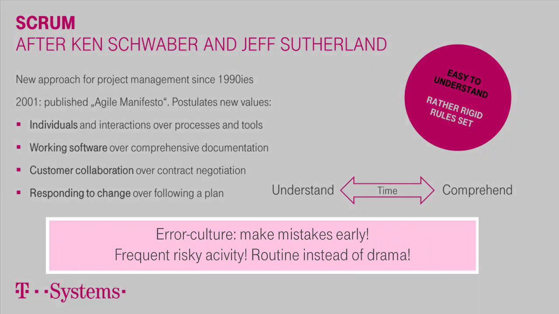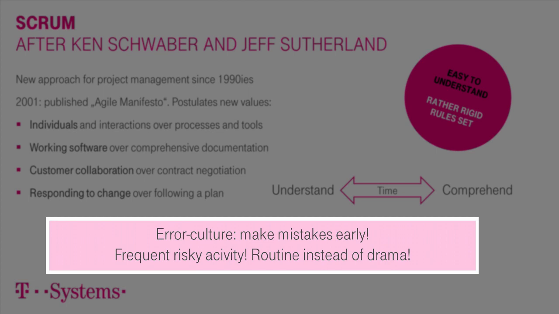One of the key takeaways from this concept is the error culture. Make mistakes, but make them as early as possible. Risk even frequently risky activities. This sounds mad, but actually, if there is some risk in a process, in a product, in a configuration, it's better to have this issue popping up in a controlled environment than later in production.